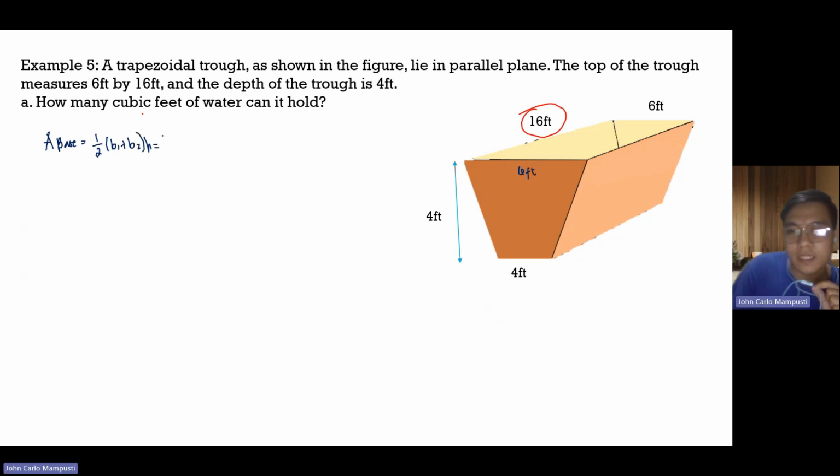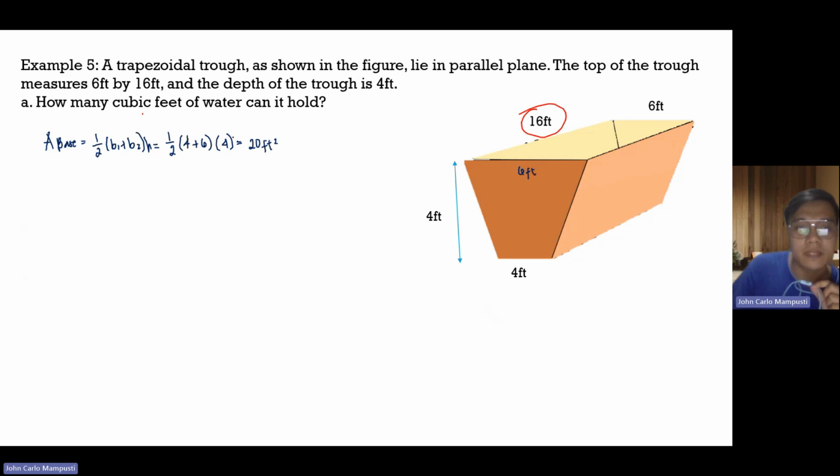Di ba ganyan yung area natin ng trapezoid? So, 1/2 base 1 natin. O, kahit ano na dyan yung unahin nyo. 4 plus 6 times height na 4. So, we have 1/2 times 4 plus 6. This is 10 times 4. 40 divided by 2. This is equal to 20 square feet.